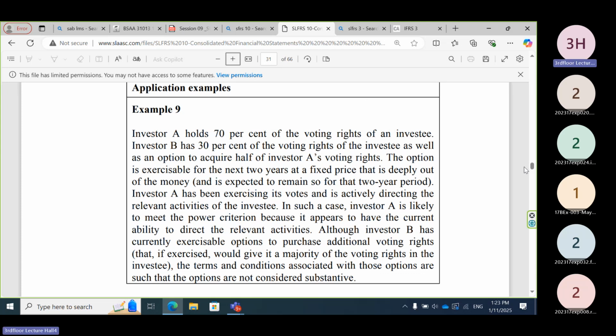Let me give one. So the standard is giving examples, right? You have several examples. Here example 9. Right? Example 9 clearly says investor A holds 70% of the voting rights of an investee. Investor B has 30% of the voting rights of the investee, as well as an option to acquire half of investor A's voting rights. Did you understand that?